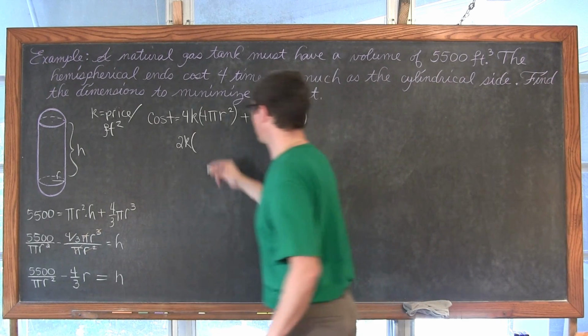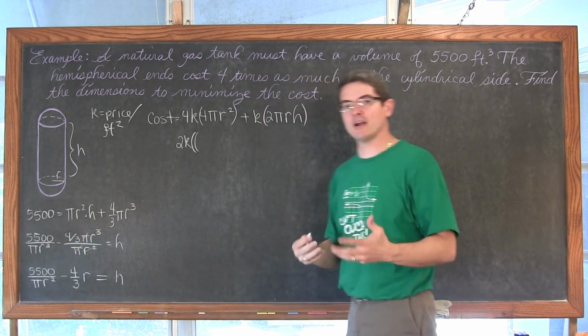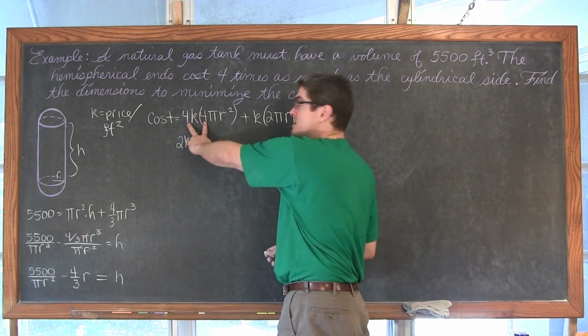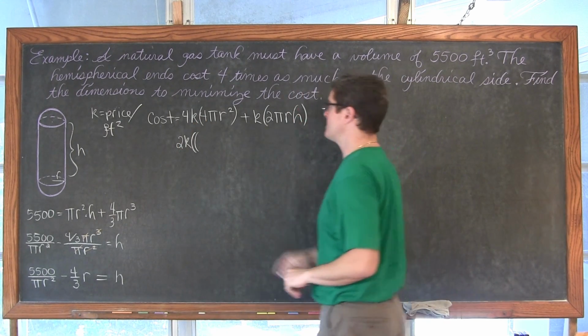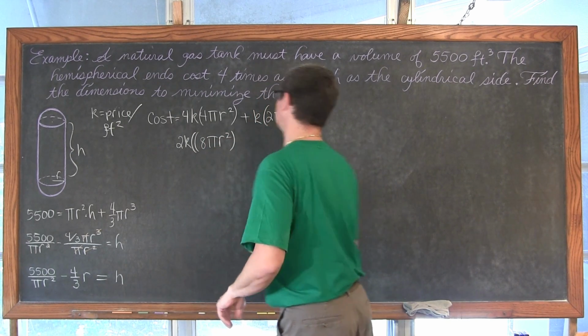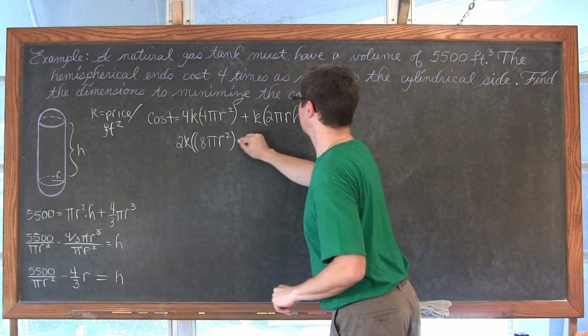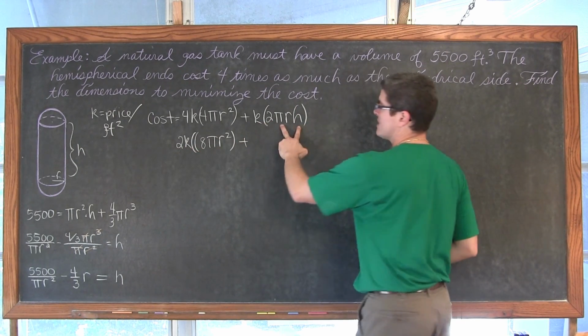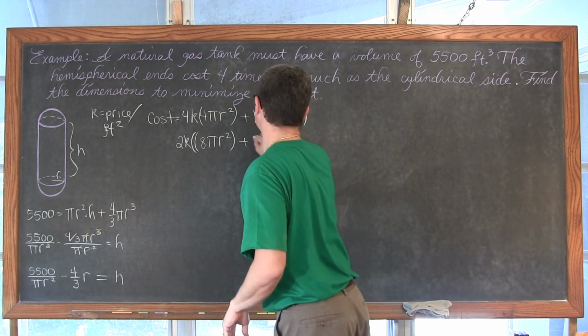I'm actually reshooting this part of the scene because I was talking too much and forgot to add those in and made some other kind of silly mistake. We have 4 times 4, which is 16, divided by 2, which is 8, and the K is out. So we have 8 pi r squared, we'll close that up, plus 2 divided by 2 is 1. We brought the K out, so we're just left with pi r h.